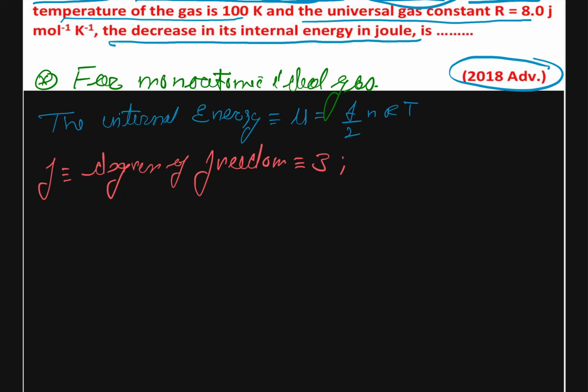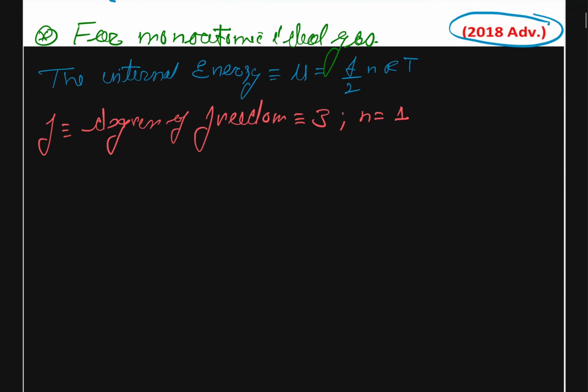The number of moles n is given as 1, and therefore we can reformulate the equation: U will be equal to 3 upon 2 RT.